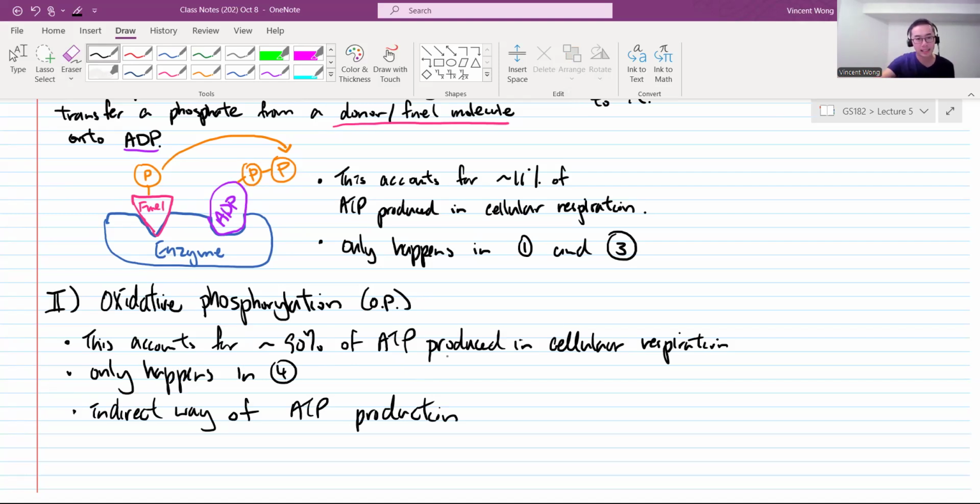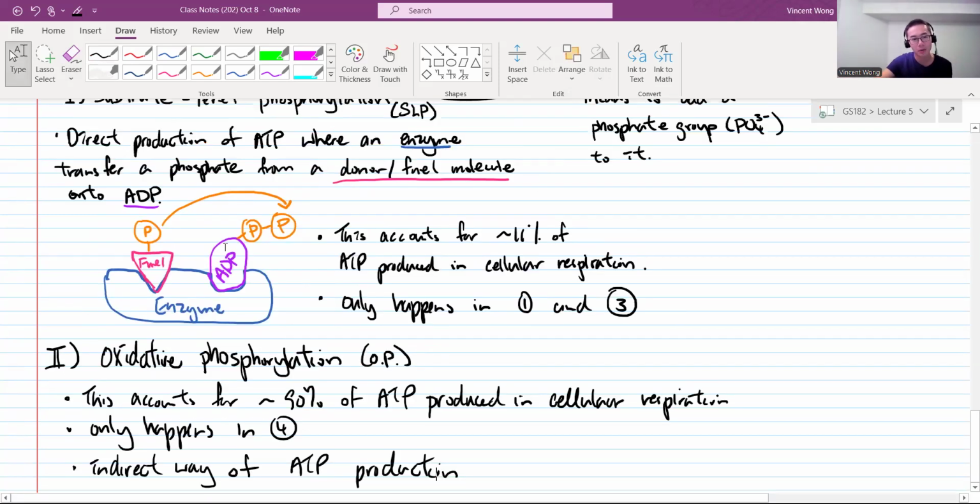Whereas in substrate level phosphorylation, it's just one single step. It's very simple. You take the P from the fuel and you add it onto ADP, you're done. But for oxidative phosphorylation, you're going to go through a bunch of steps in between before you can make ATP. So it's indirect.